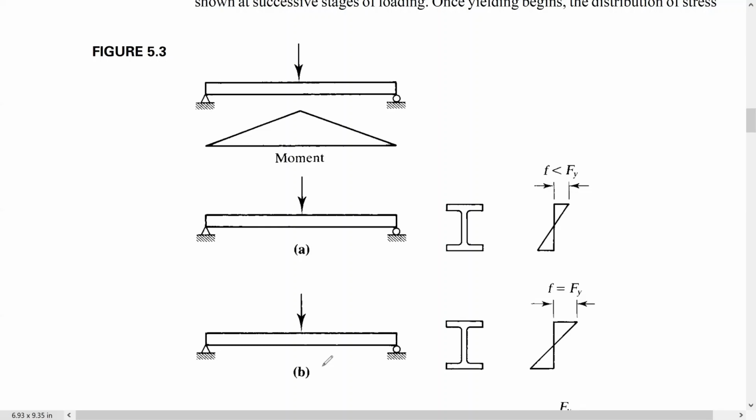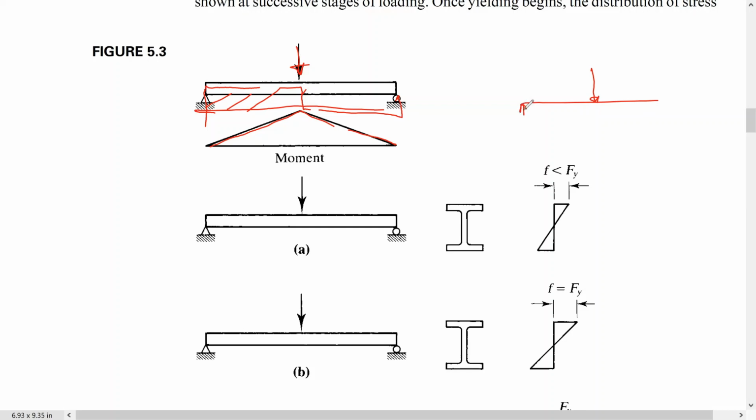We have a simply supported beam loaded with a concentrated load at the middle. The shear is going to be like this, up, then continue, and then like this. This is going to be the shear.